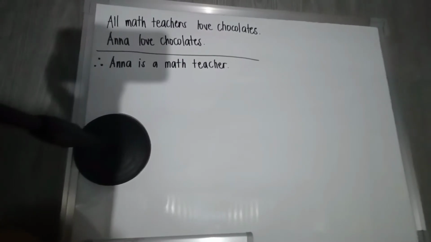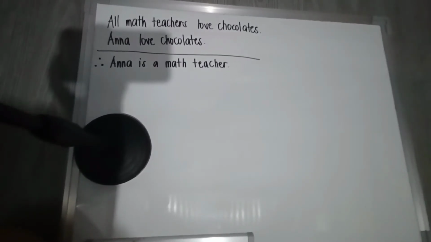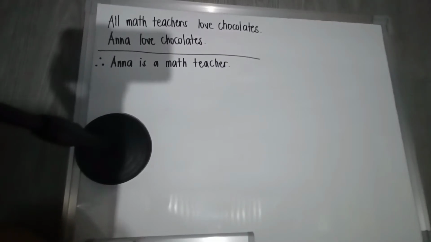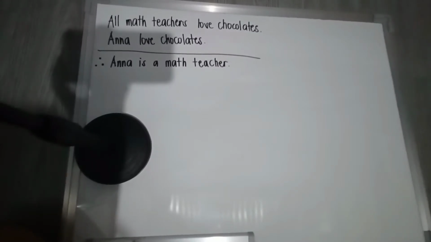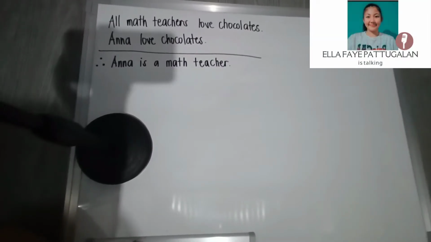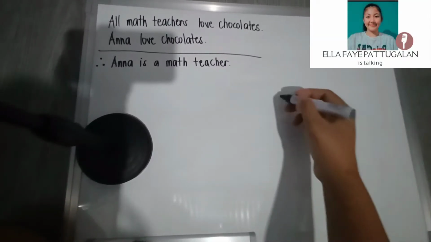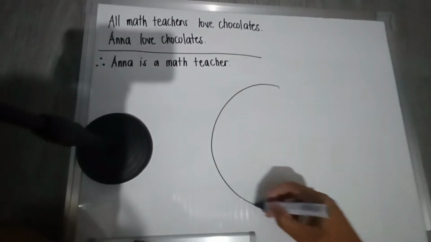For this one, my two premises are: all math teachers love chocolates. Anna loves chocolates. And my conclusion is, therefore, Anna is a math teacher. All of our chocolate lovers go on the outside circle.